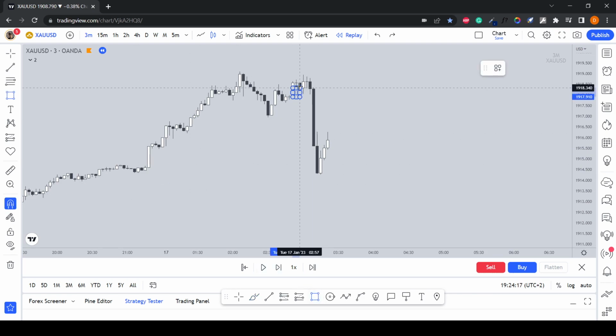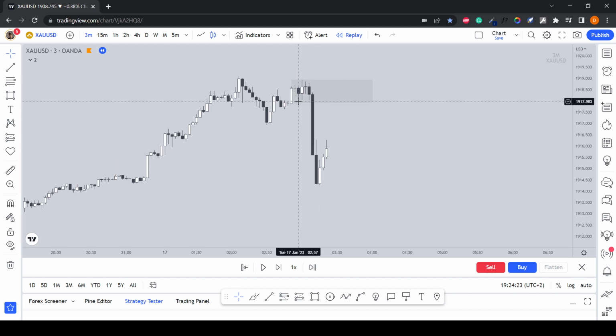For example, this up move before this big down move, as you can see, price went up and then just fell from the zone, leaving this unmitigated price action below the zone.